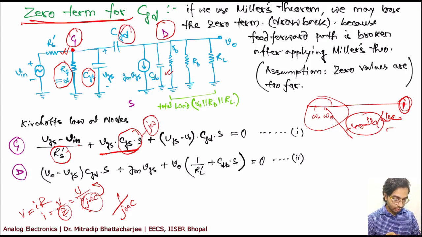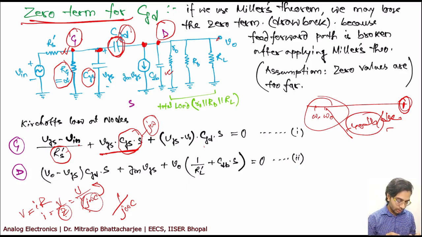Then you have another current through CGD. So this is VGS minus V0, into the admittance associated with CGD, which is CGD into S, right? Now in the D node, you will have the same thing.